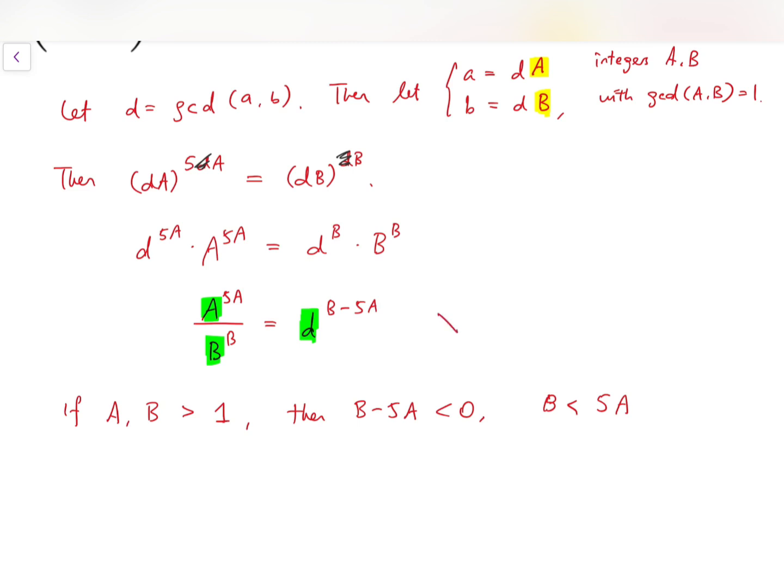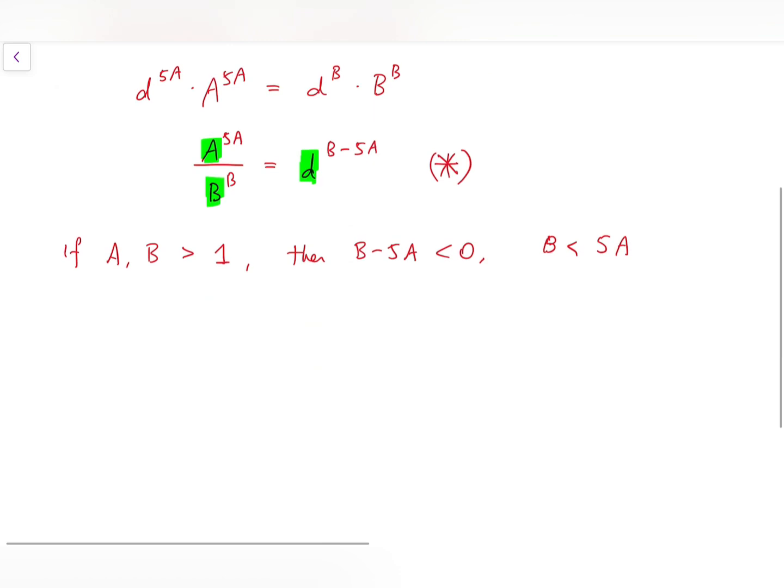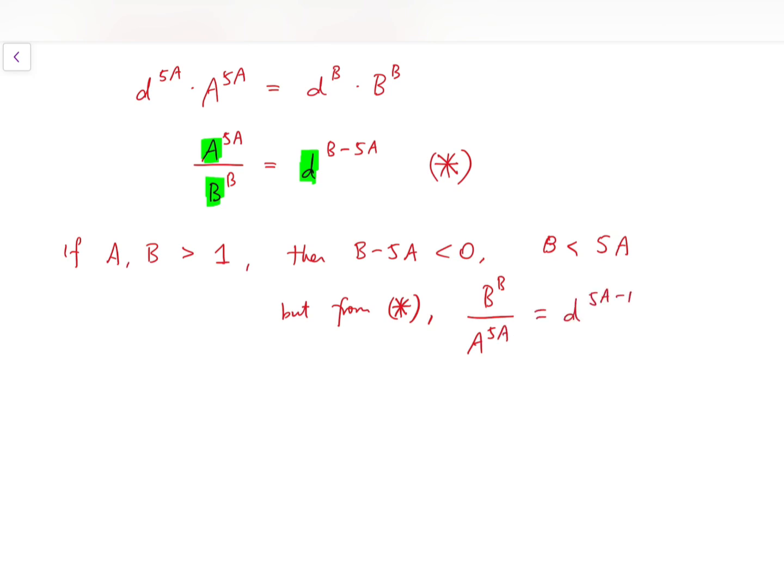But then if we do a reciprocal on both sides of this equation, let me label it with a star. From the star, if I do the reciprocal, which looks like this, we can make the same deduction, which means 5 times big A minus big B is less than 0.